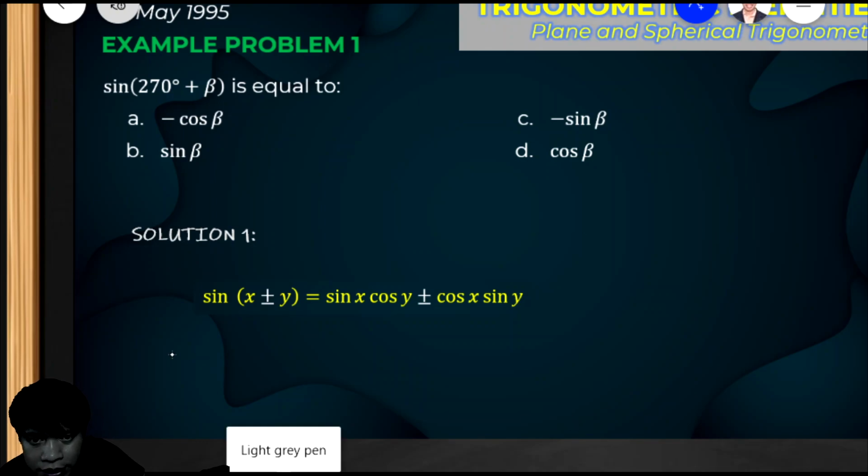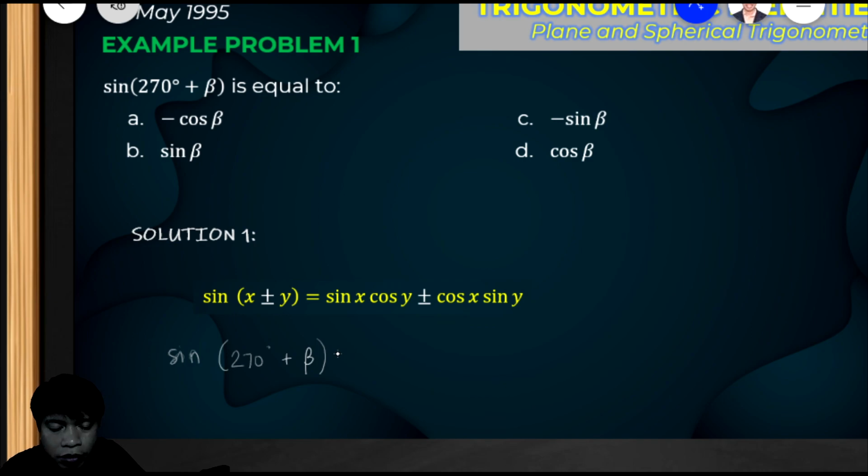So again, guys, our problem is sine of 270 degrees plus beta. In this case, our x is 270 and our y is beta. So this will be equal to sine of x, which is 270, times cosine of beta, and then plus, take note guys, when plus here, plus here; when minus here, minus here. Since we have plus, then plus here too.